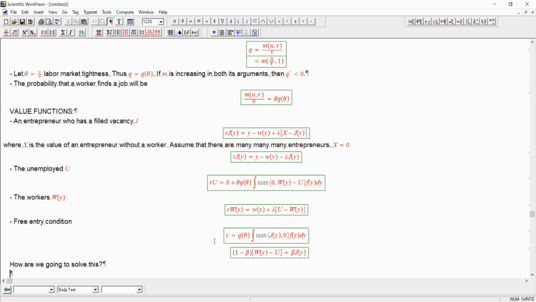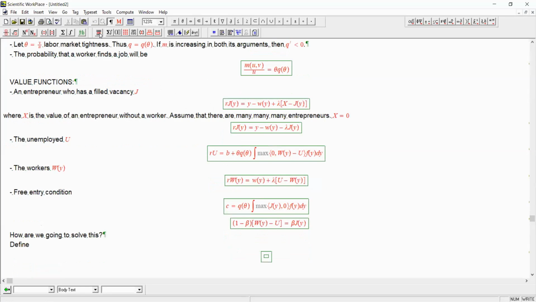So let's start by doing the following. We're going to start by defining the difference between what a worker gets and what an unemployed worker gets. So we're going to define d of y equals w of y minus u.